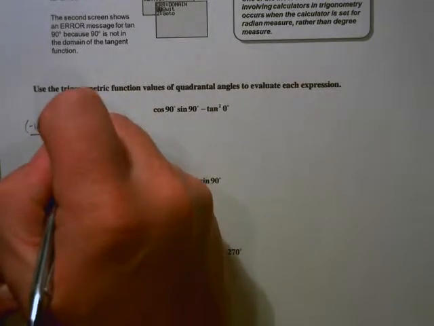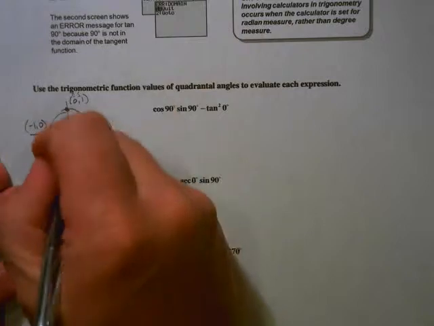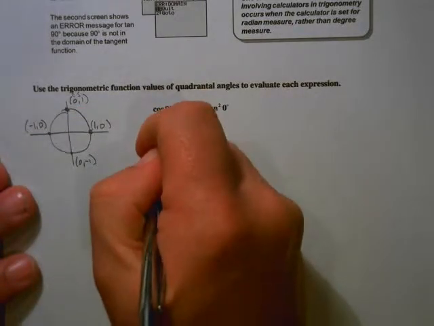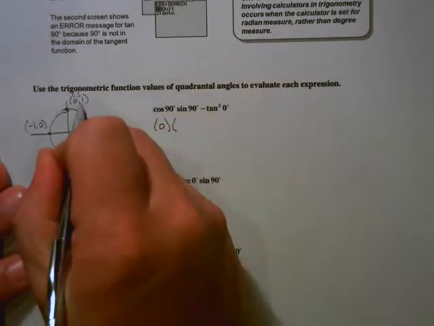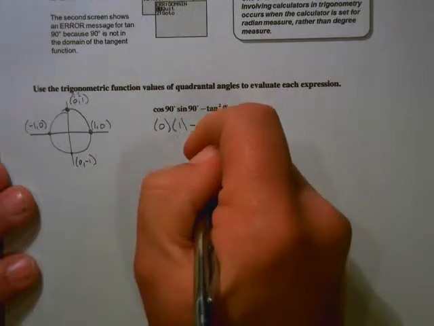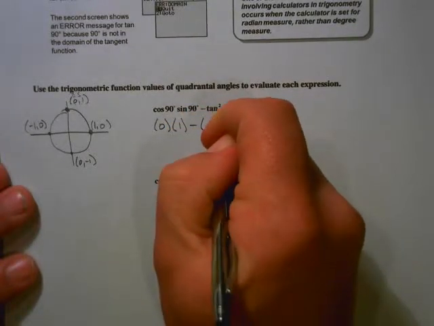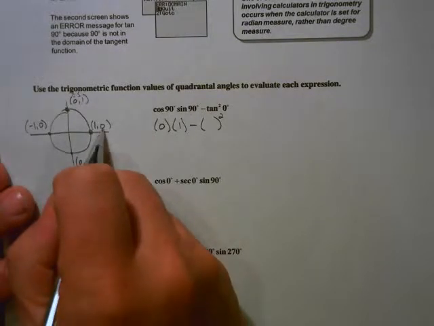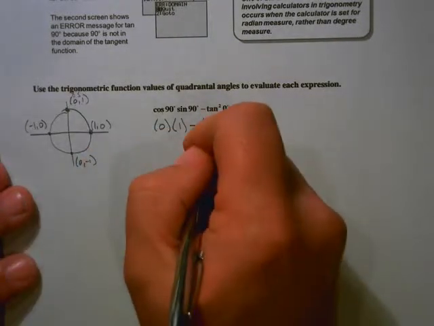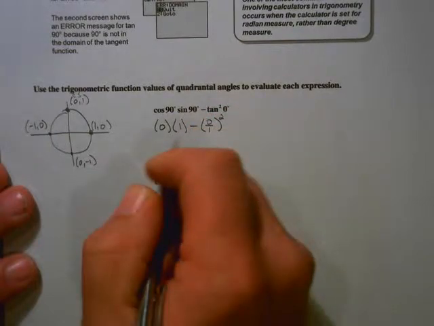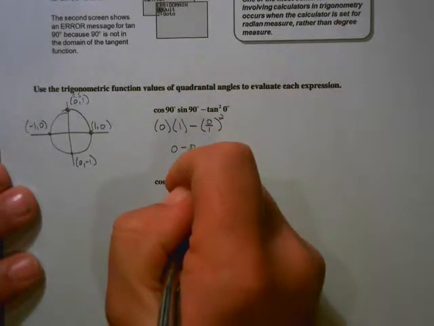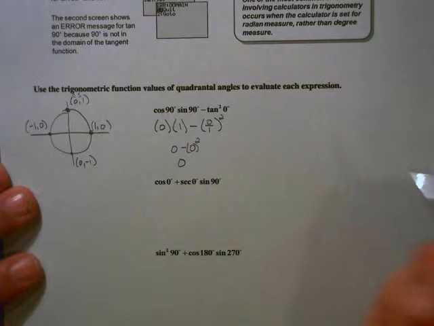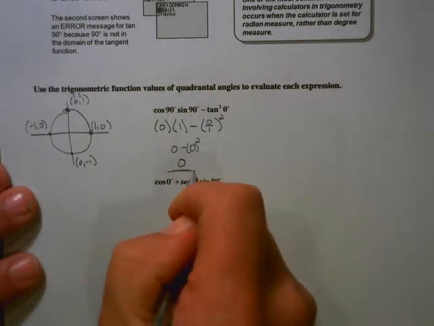Remember, it's cosine, sine. So cosine of 90 is going to be 0. Sine of 90 is going to be 1 minus tangent of 0. Now I'm going to come over here. Tangent is y over x, so that's 0 over 1. So we get 0 minus 0 squared, which is 0.